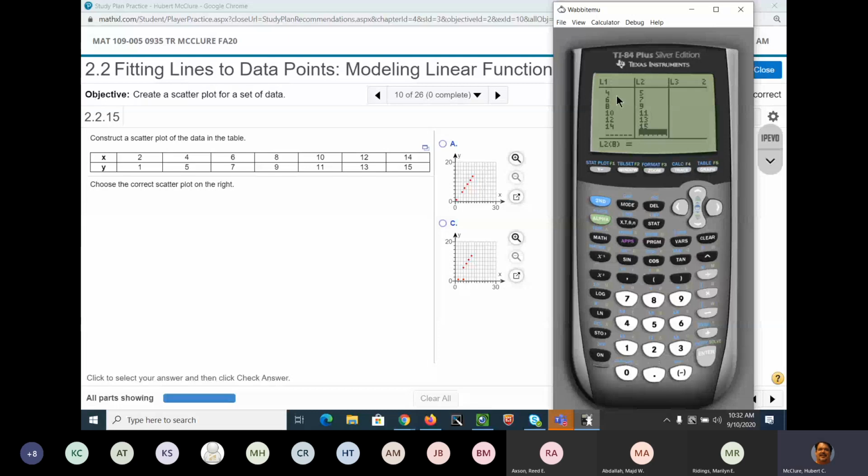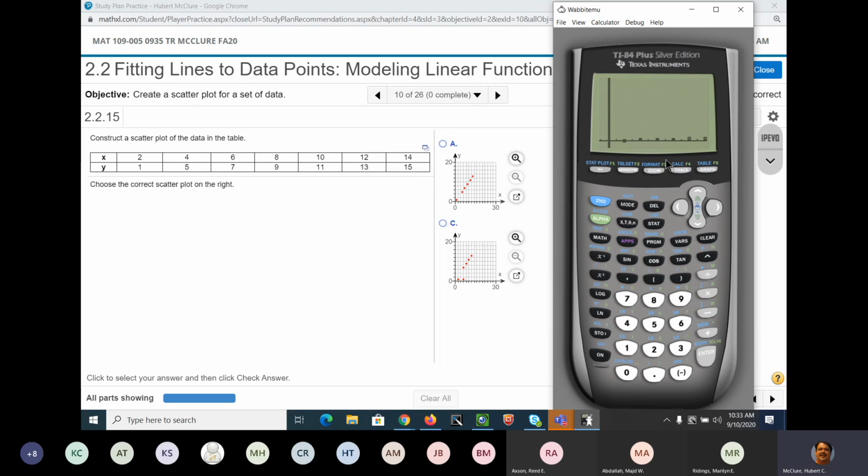Now, if you wanted to do a scatter plot, you hit second, Y equals. See the stat plot up there? And you hit enter, and there's the scatter plot. It's defaulted to scatter plot. Hit on, and it defaults to L1 and L2, and to the scatter plot, and you hit graph.